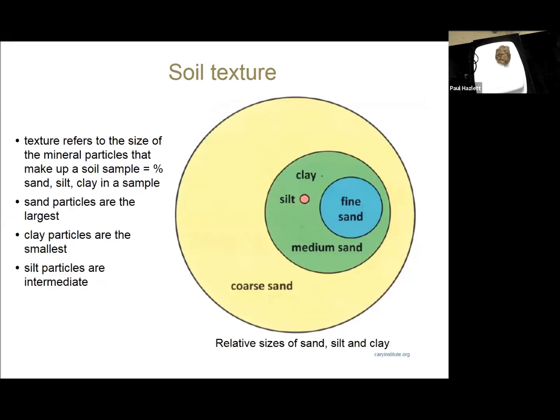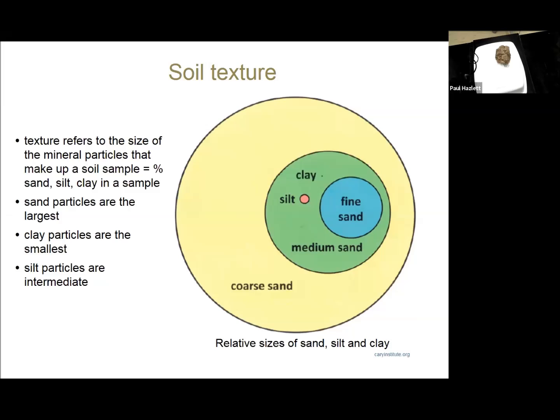Of the primary particles, sand particles are the largest, clay particles are the smallest, and silt particles are intermediate. So again, just to refresh, we're talking about the mineral component of the soil sample, not the organic component or the air or the water, obviously, just the mineral component that's made up of sand, silt, and clay.